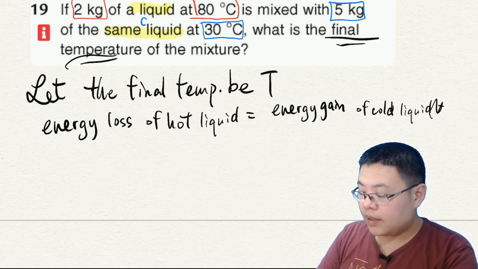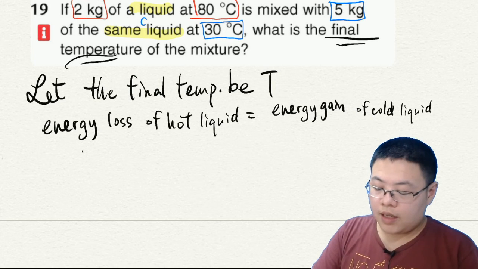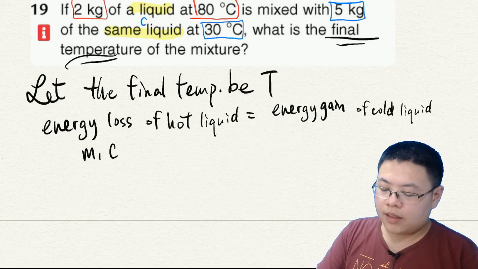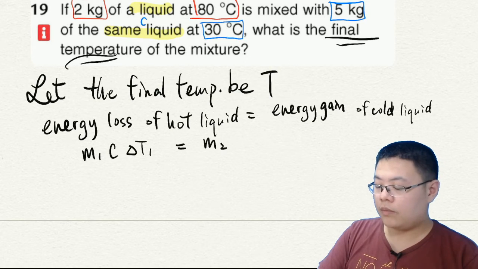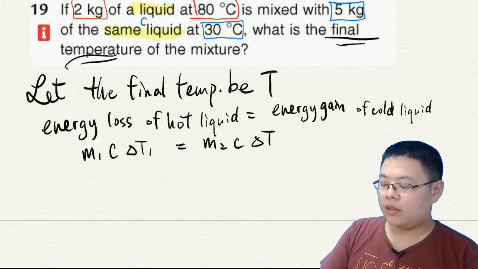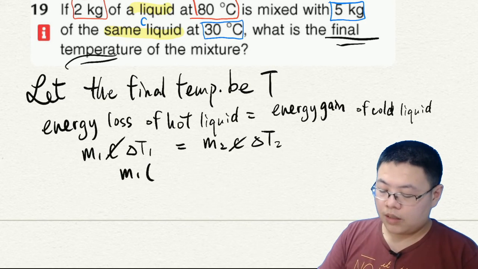Okay, and then M1 C delta T1 is equal to M2 C delta T2, and then C is cancelled out.